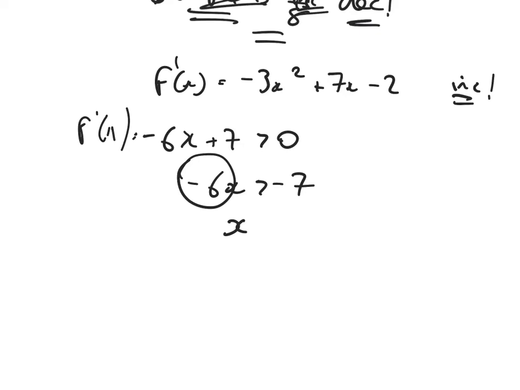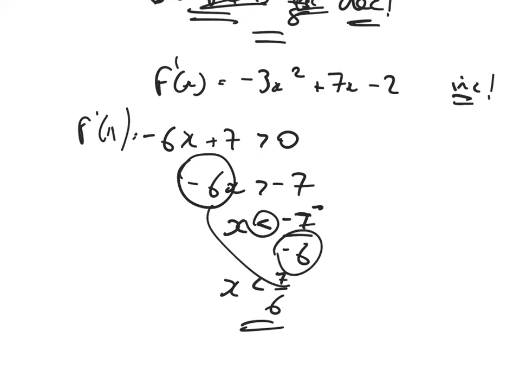So remember, for linear inequalities, you flip the inequality around at the point of division by a negative number. So x is now less than 7 over minus 6, negatives cancel out, and that's x is less than 7 over 6. Remember that you flip the inequality around when you divide by a negative number.